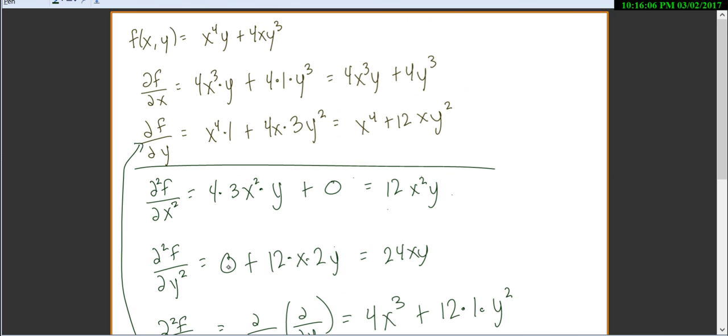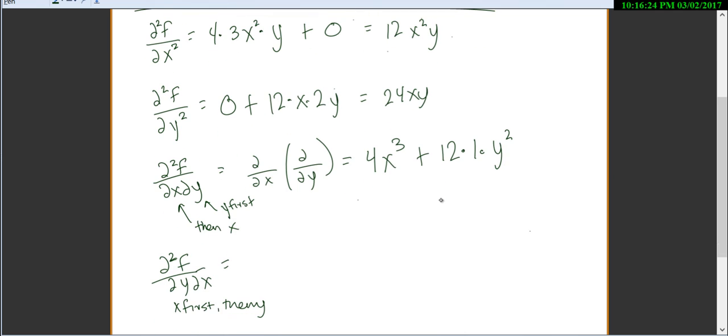So let's come all the way back up and look at our x's, which is this one. Now we want to do it with respect to y. So with respect to y, the derivative of y will be a 1. So we'll have 4x cubed times 1. And for 4y cubed, we'll bring down the 3, so 12y squared. So let's write that down. So this is going to be 4x cubed times 1 plus 12y squared.